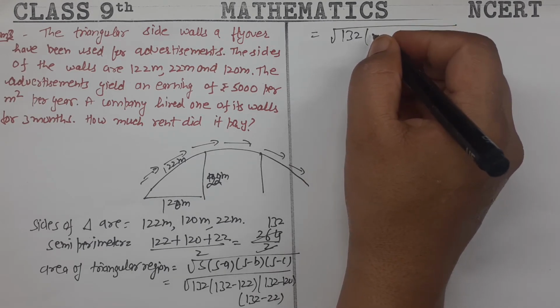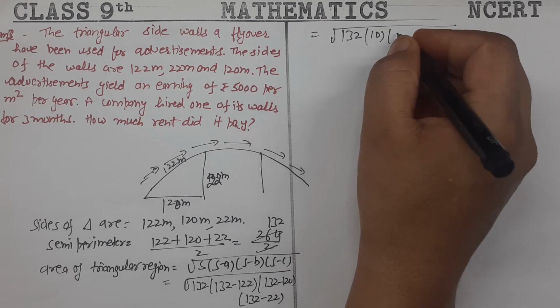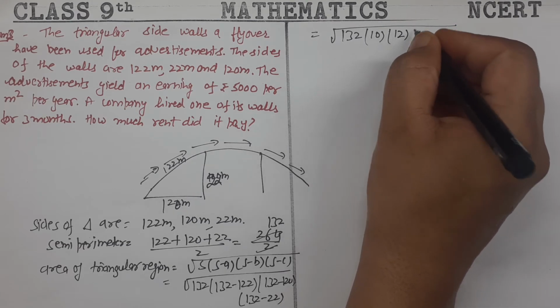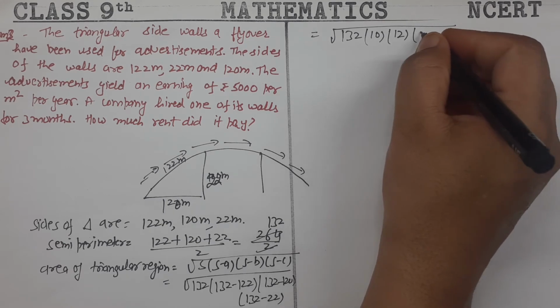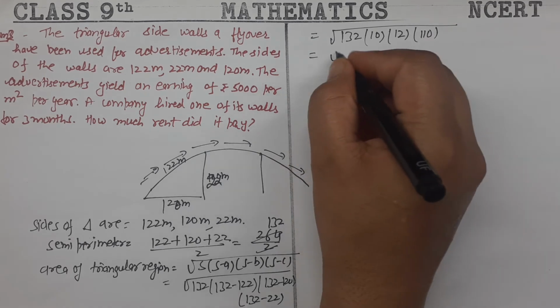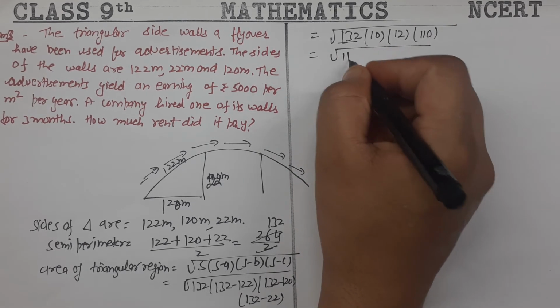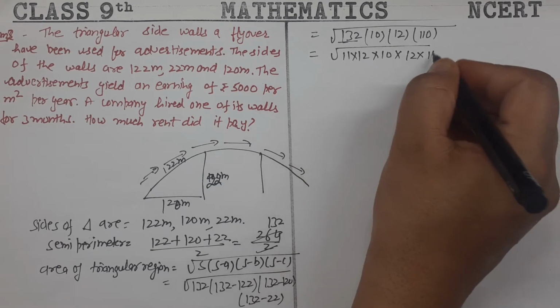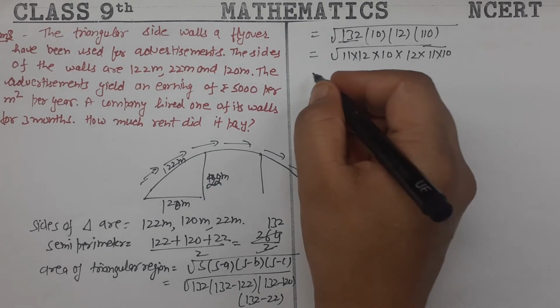After subtracting, we have 10, 12, 110. Make factors: 11 multiply 12, 10, 12 same, 11 multiply 10.